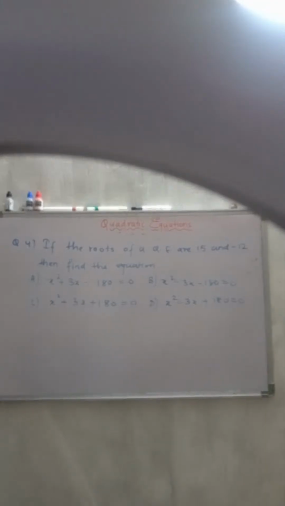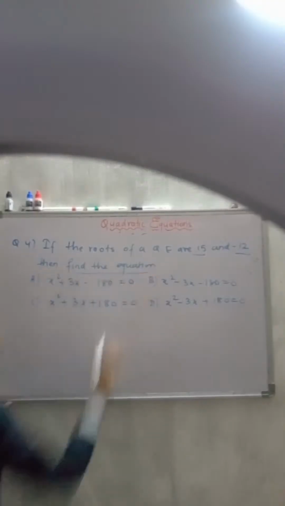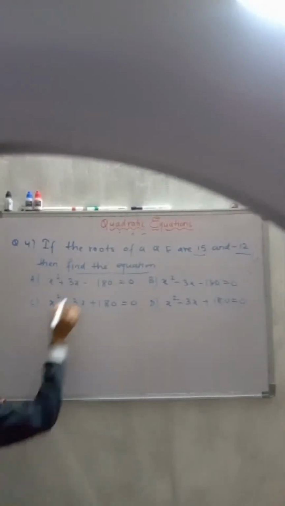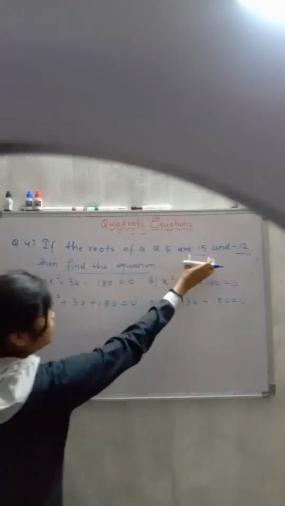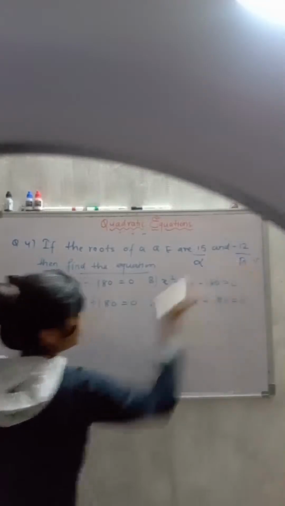So we have the roots of the quadratic equation, 15 and minus 12, and we want the equation. Okay, so suppose we denote this with alpha and this by beta.